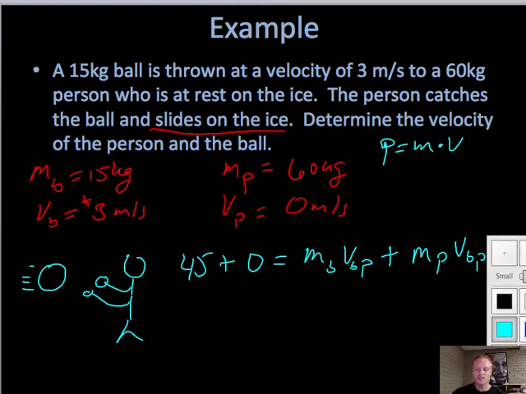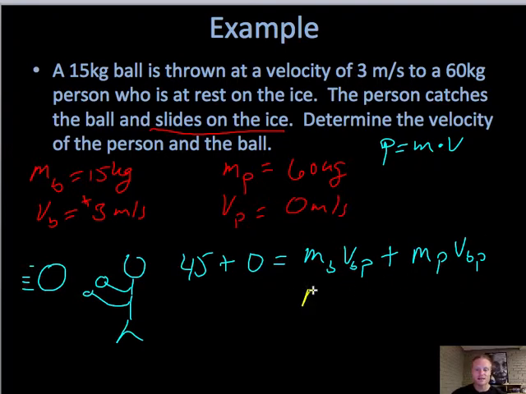And if you know your algebra, we can do a little bit of separating out here. We can say the mass of the ball plus the mass of the person, times the velocity of the ball and the person. I just pulled out the velocity so that it's outside of the parentheses, is equal to 45.